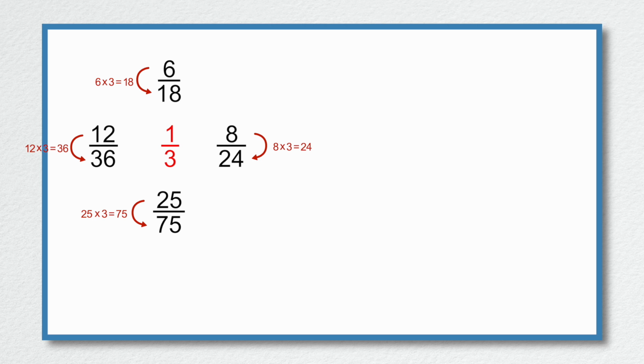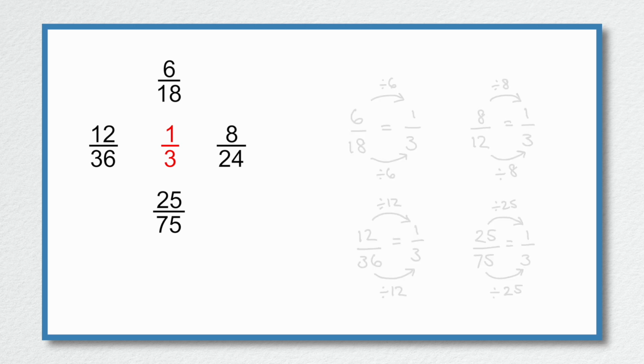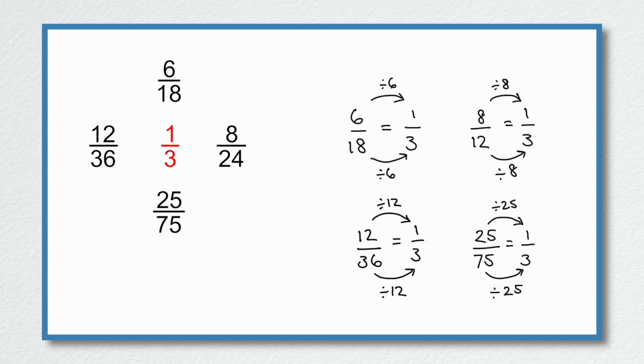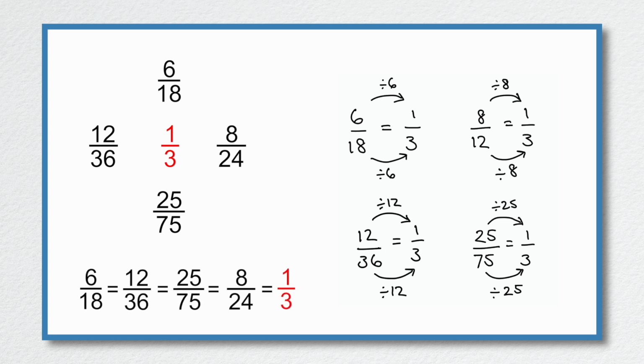And again, if we weren't sure whether a set of fractions were equivalent or not, we can simplify each fraction. And if they simplify to the same fraction, then they are equivalent. Here's the working to show that each of these fractions are equivalent to a third. And because they're all equivalent to a third, these fractions are all equal.